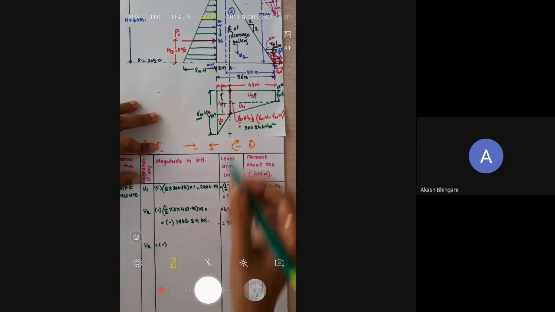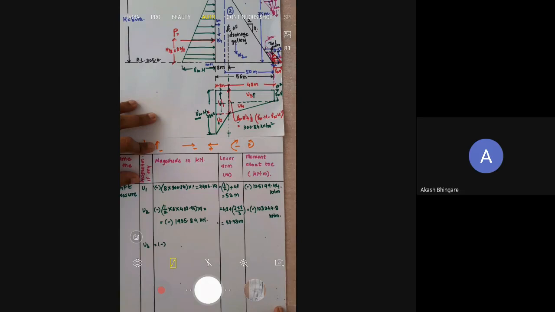Area of this U3 uplift pressure distribution diagram will be 48 multiplied by gamma W into H dash, is 58.86 multiplied by 1 meter as the unit length. So write down this value and accordingly write down the moment.